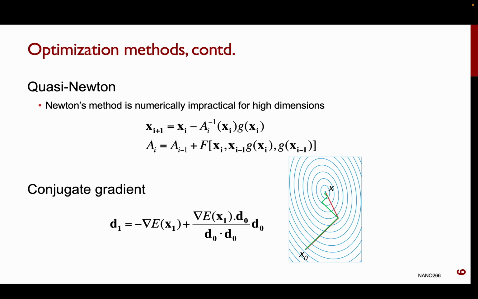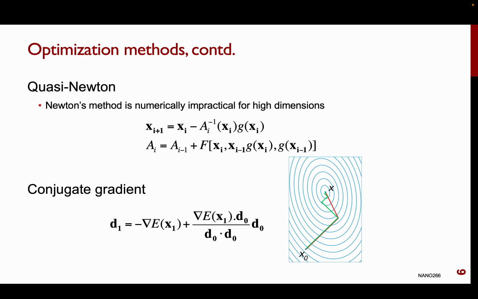That's already 12 coordinates. I have 6 lattice parameters. That's 18 coordinates, right? So I'm actually navigating in 18 coordinate space, assuming no symmetry constraints, and I'm trying to find the minimum of that function of 18 coordinates, right? So Newton's method is impractical for that kind of problem. For high dimensions, it's just not easy to do.